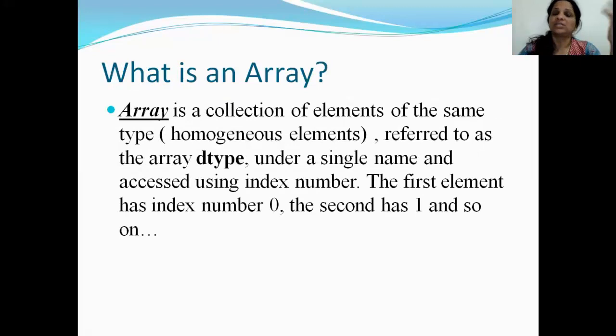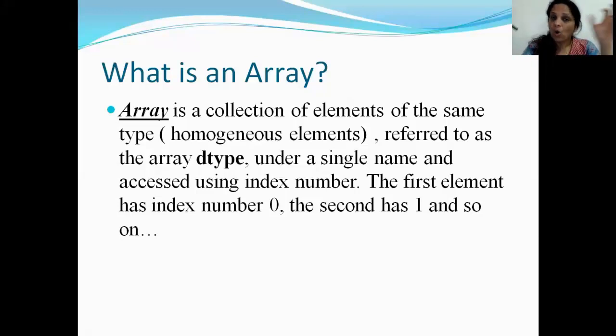Okay, so now what's an array? Array is nothing but a collection of elements that are of the same kind, or the same data type. That means all the elements of the array are either integers, or all are floating point, or all are strings, or all are complex, and so on.